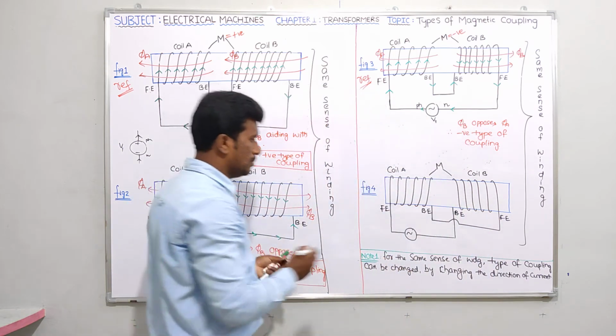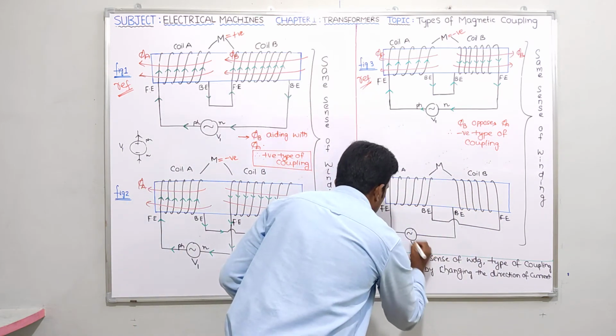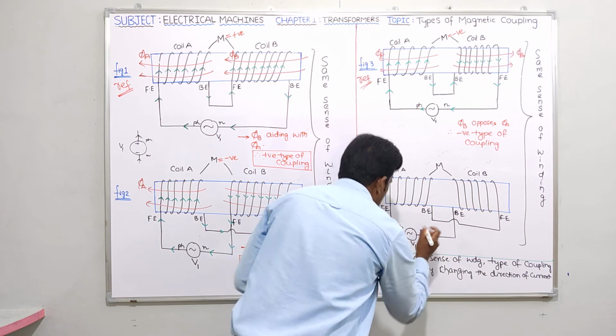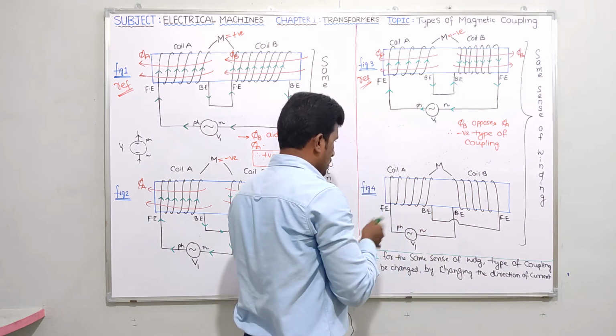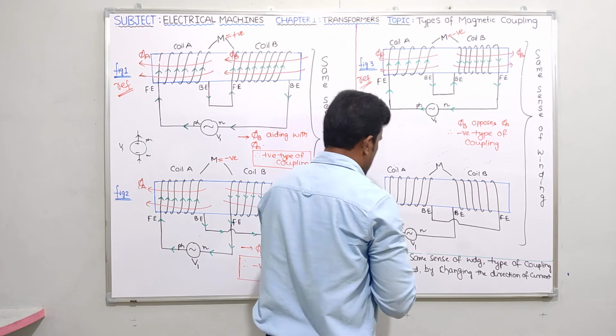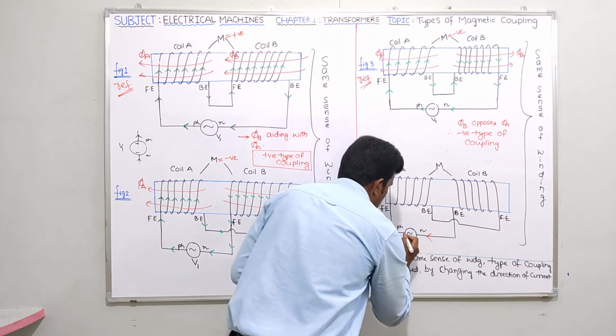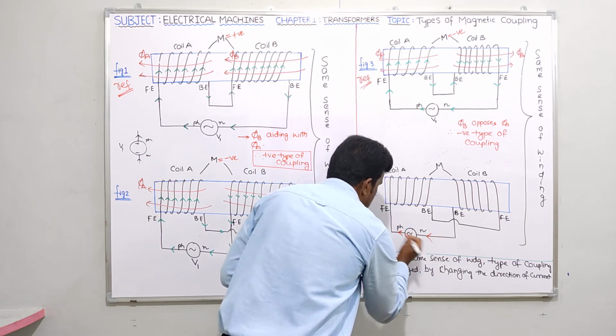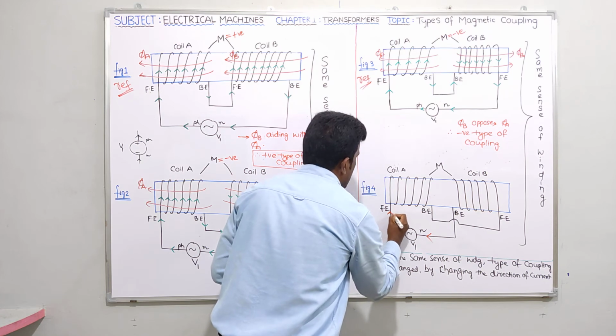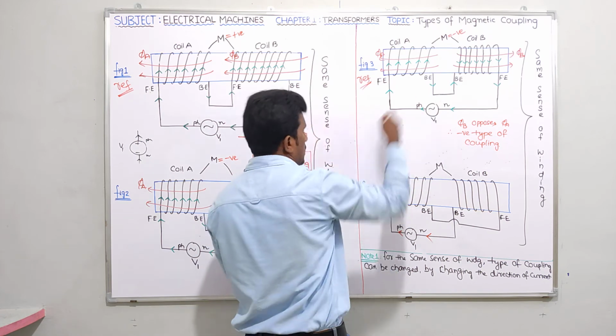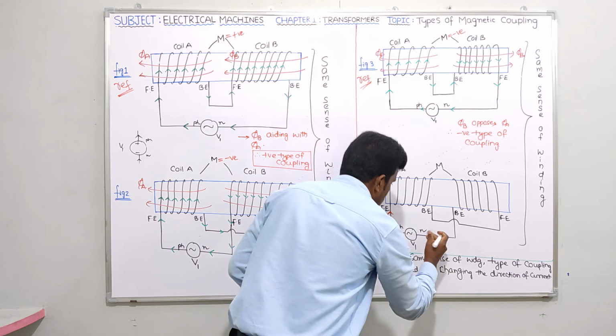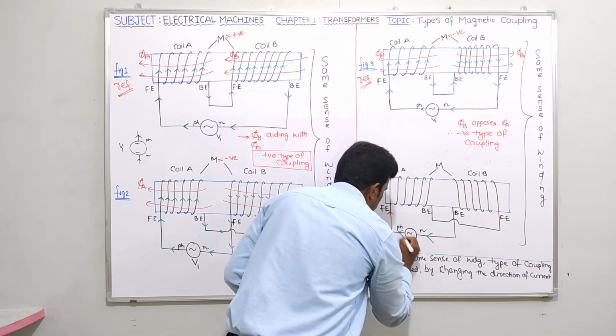Now once again, it's a supply voltage V1, phase neutral. As I told you, current is entering at neutral terminal and leaving from phase terminal. Let me use the same color so that we will have some clarity.